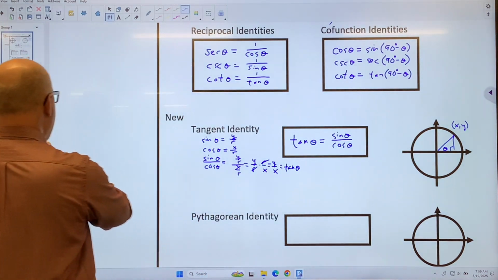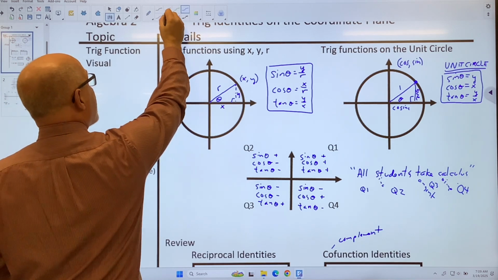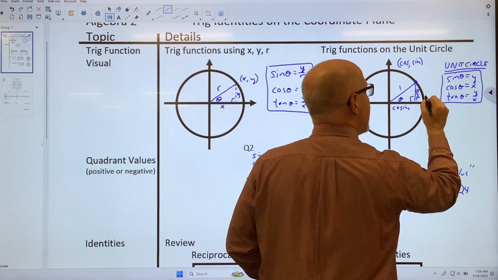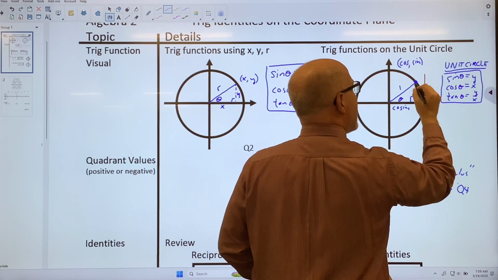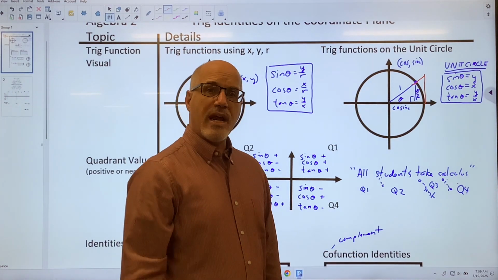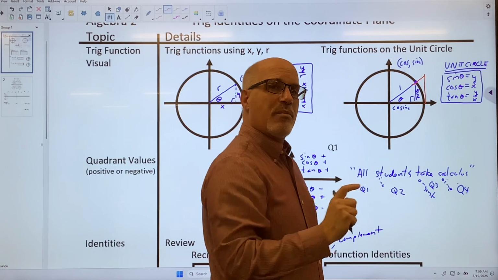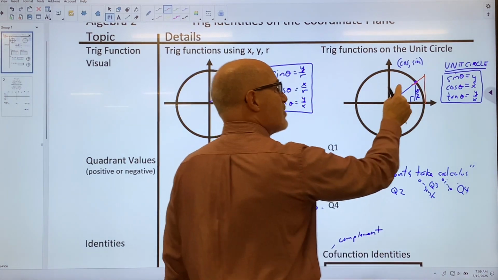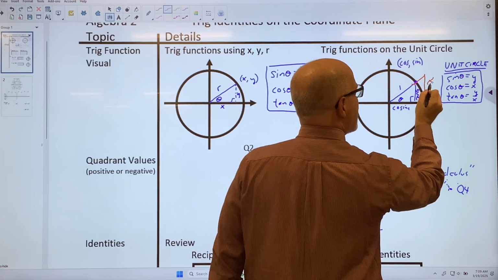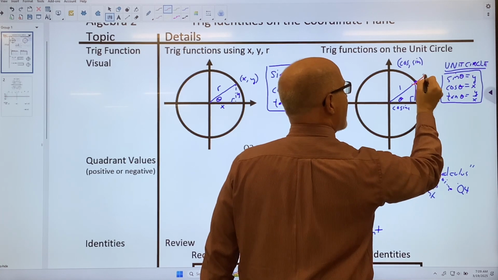Now I'm going to go back up to our diagram, just to add on to this. We have something else we can visualize here. If you draw the tangent and extend this out to that point, you have another right triangle, and notice that these are similar triangles if you remember back to your geometry. So sine over cosine is the same as, this is the tangent visually, this height from here to here.